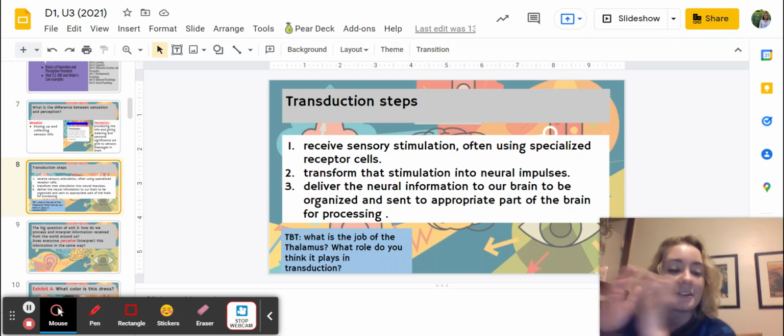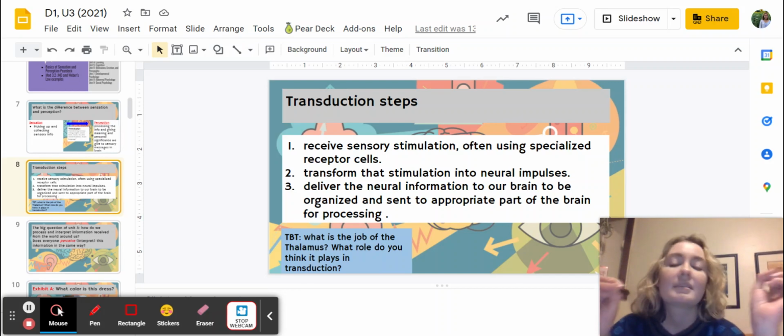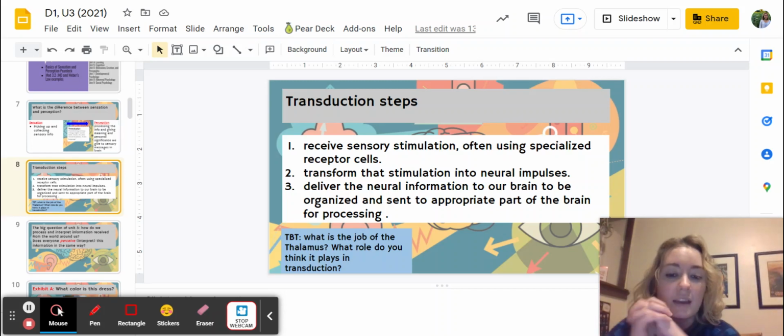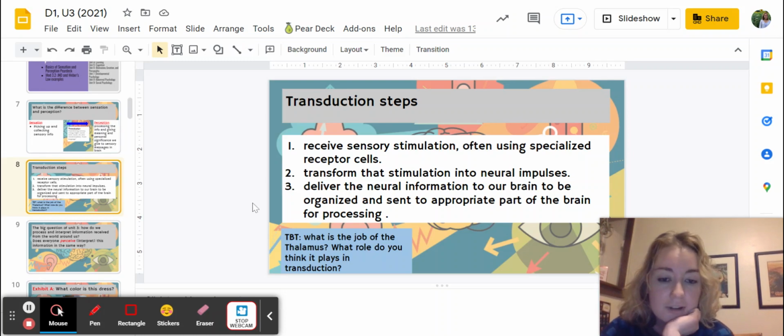Afferent or sensory neurons, right? It's going to get picked up. So we're going to receive them, whether it's vision coming in or touch sensation. Then that's going to be transformed into neural impulses. And then this neural impulse is now going to be delivered to the brain to be organized and sent to the appropriate part for processing.